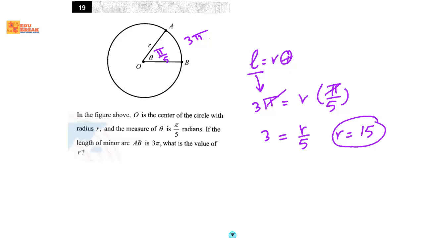Question 20. In a certain class of 70 students, 4 over 7 of the students are boys, and the ratio of students 10 years or older to the students less than 10 years is 2 to 3. If 2 over 3 of the girls are less than 10 years old, how many boys are 10 years old or older?